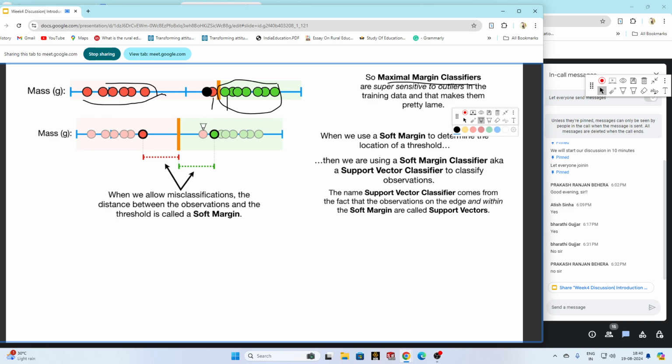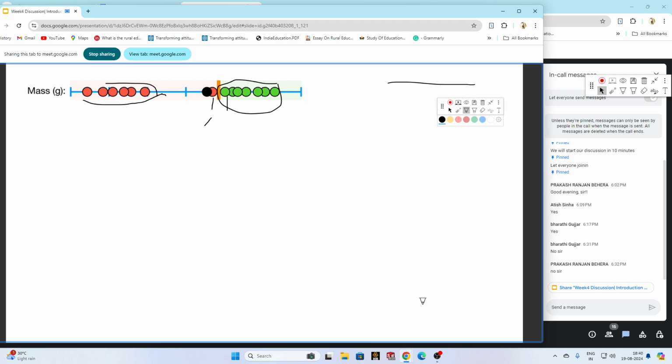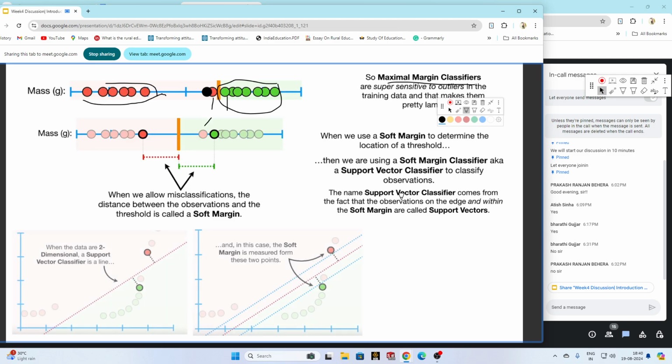This point is misclassified, it is an outlier, but still we are allowing room for this outlier. That is why this type of margin is known as a soft margin. Earlier we talked about the maximal margin classifier, but now this classifier is called a soft margin classifier or our support vector classifier.